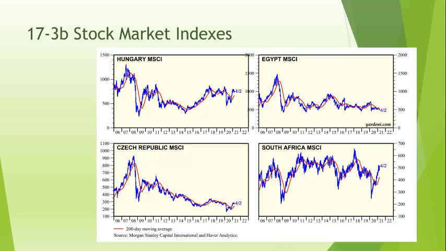Czech Republic, you can see it's also fallen as well. It's gone from around 300 to about the same now, 300. South Africa, though, has increased, because you can see the bottom there was around 200, and it's now at around 500. But notice that for these countries, not as much increase in their stock markets as the US.